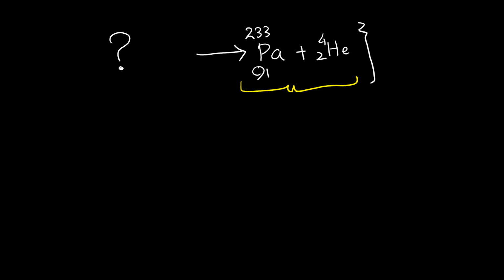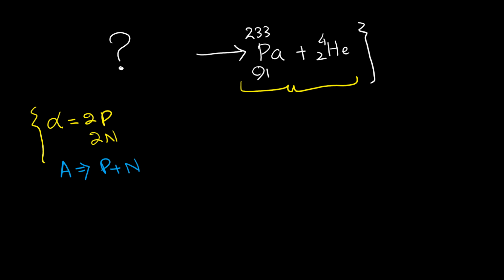For this, as you know, alpha particles consist of two protons and two neutrons, whereas atomic mass represents the number of protons plus neutrons.